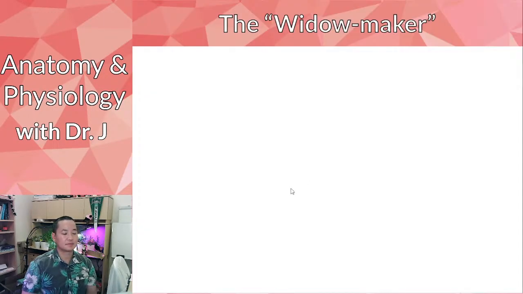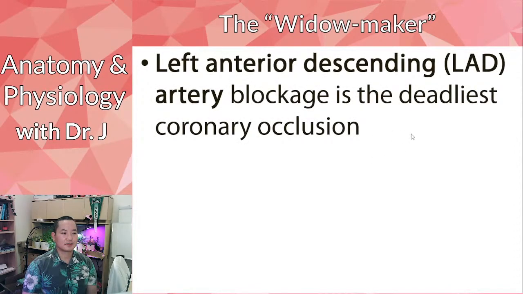Alright, so then there's something called the Widowmaker heart attack. It actually involves one of those specific coronary arteries. When you have the LAD being blocked, this is the deadliest type of coronary occlusion. And why is that? We know all the coronary arteries supply blood to the heart, but depending on which coronary artery it is, it supplies different parts of the heart.